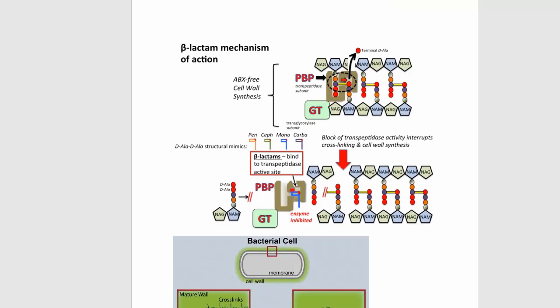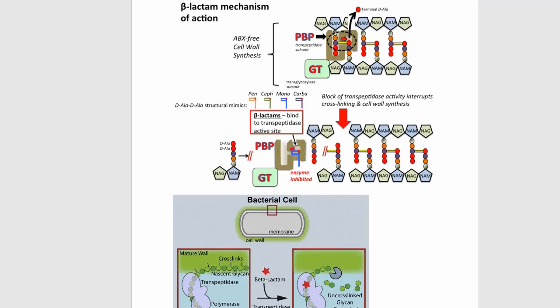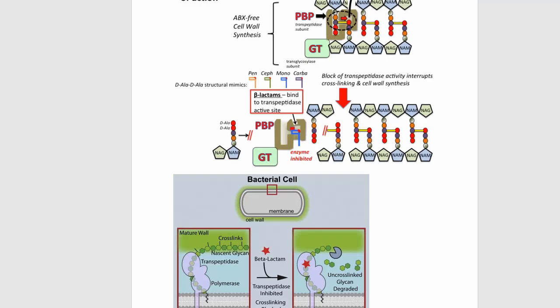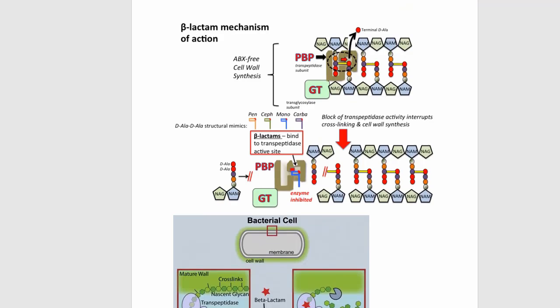Okay, so this binding inhibits the transpeptidase enzyme from forming cross-links between adjacent peptidoglycan chains. So this is what stops bacterial cell walls from binding together. So with transpeptidation inhibited, the bacterial cell wall loses its ability to form these proper cross-links between the peptidoglycan chains. So these cross-links we can see here.